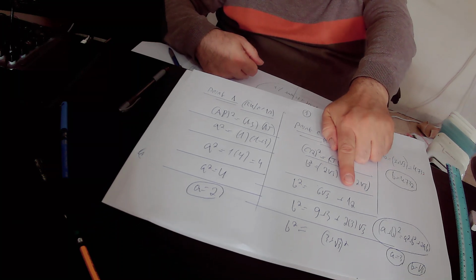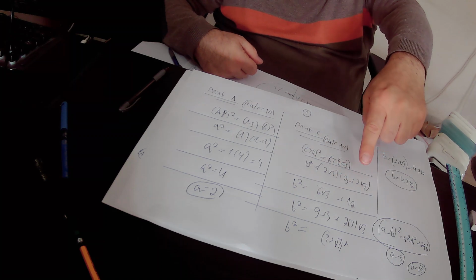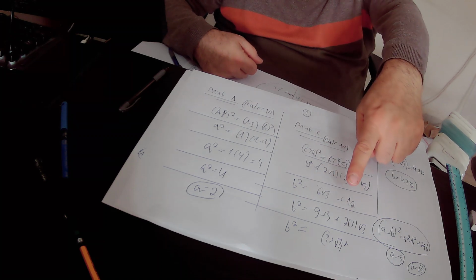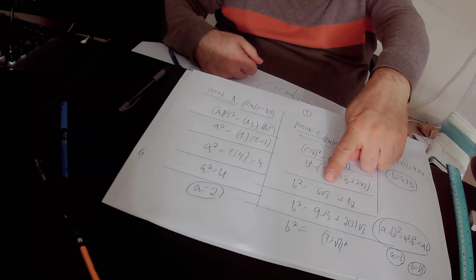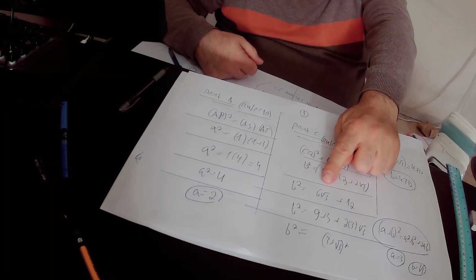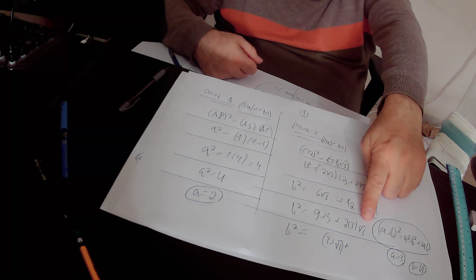Here we substitute 12 by 9 plus 3. Therefore, B square equals 9 plus 3 plus 6 square root of 3, where 6 is 2 times 3, so this expression equals 2 times 3 times square root of 3.